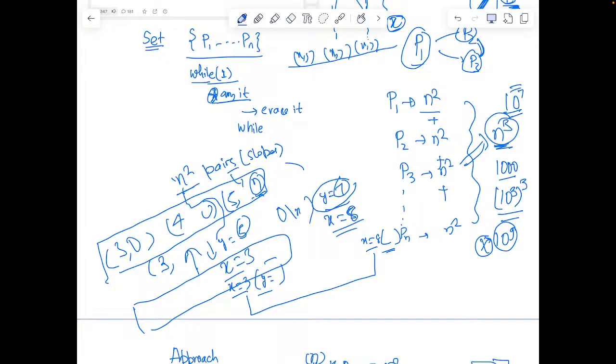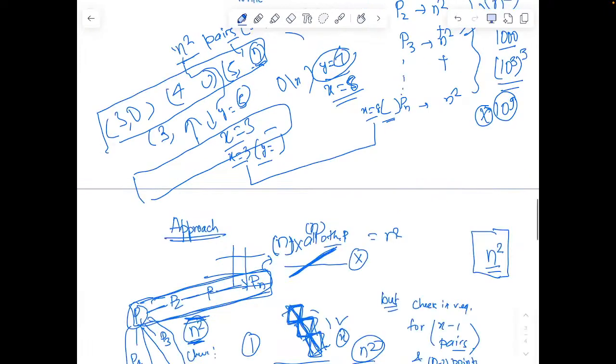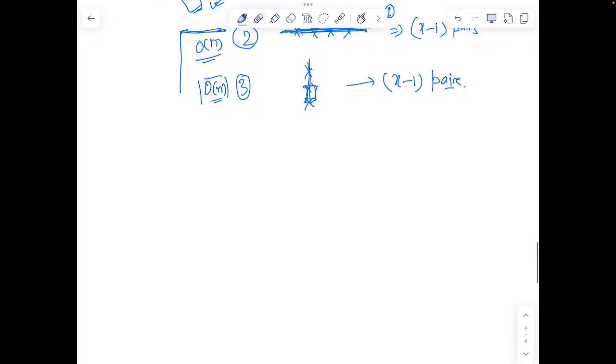I think, how can I do this? So my goal is to find out, given 2 points, whether nothing comes in between the rectangle enclosed by them. That's the problem statement. Nothing comes in between the rectangle enclosed by them.